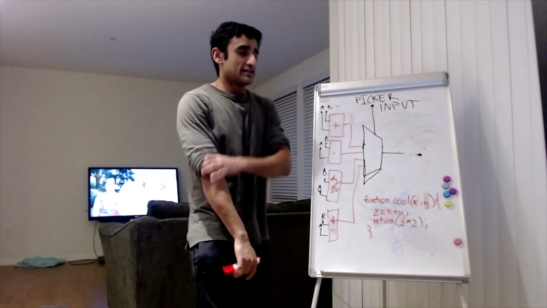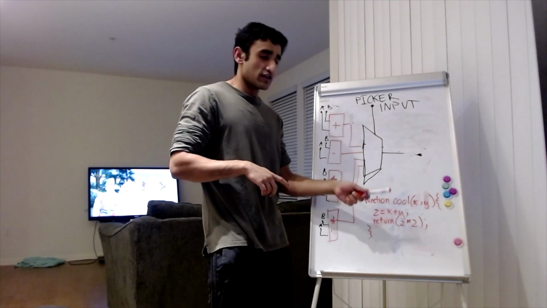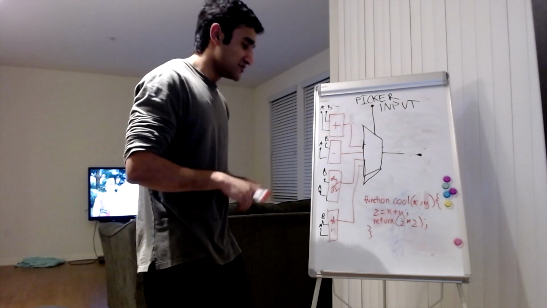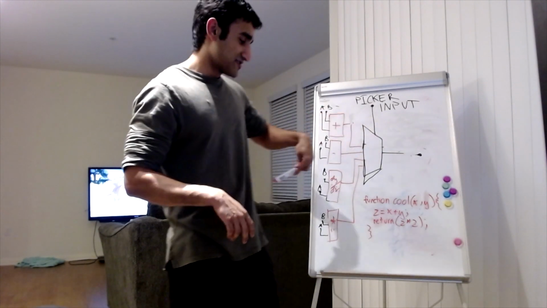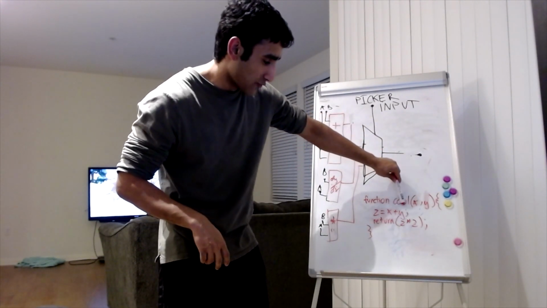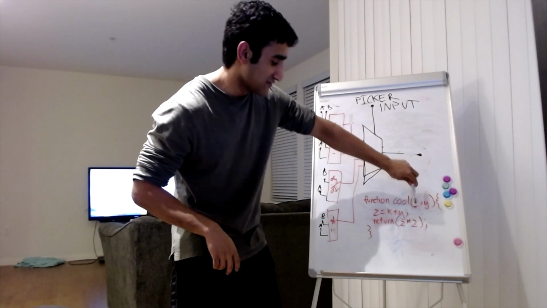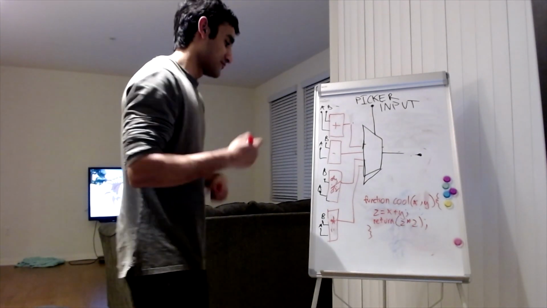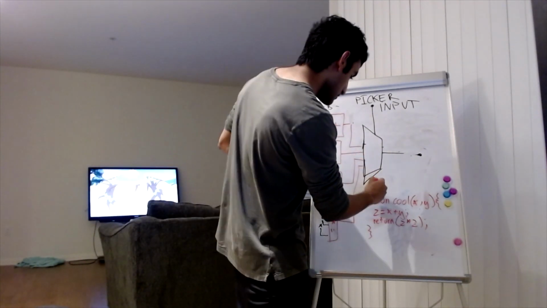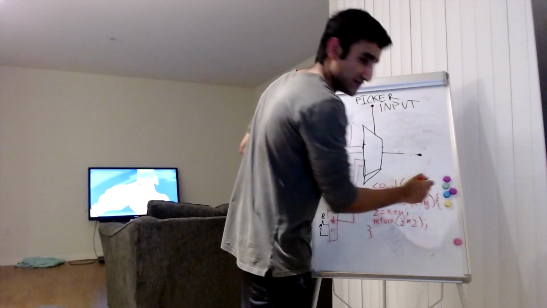So let's add another layer of complexity here. Imagine we have a new function here just called cool. What this function is going to do is take in 2 parameters, x and y. It's going to add x and y and put it into z. And then it's going to multiply z by 2 and return that number back to us. So imagine this. We're going to run cool with the numbers 2 and 2.